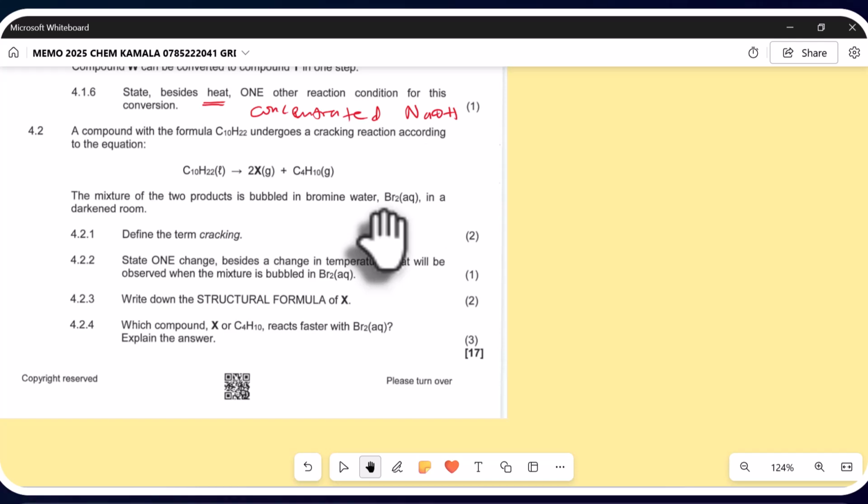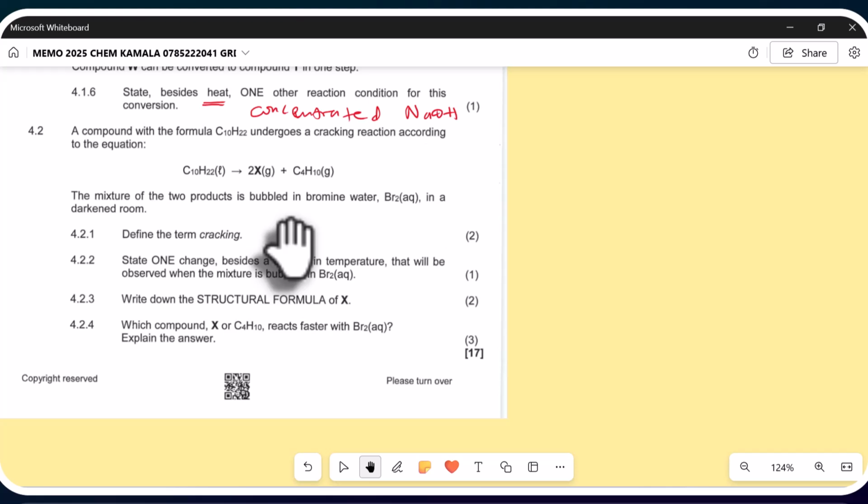What about hydrogens now? This is 22, so 22 equals 2B plus 10. 22 minus 10 is 12, divided by 2, so our B equals 6. So it is C3H6. Because we want the structural formula, it's going to be propene.